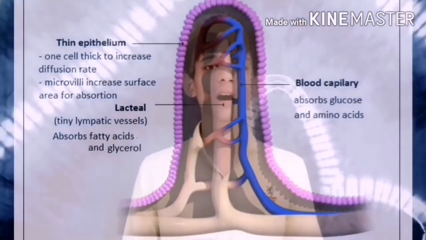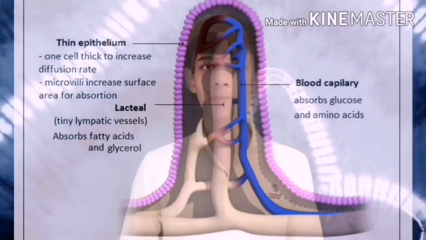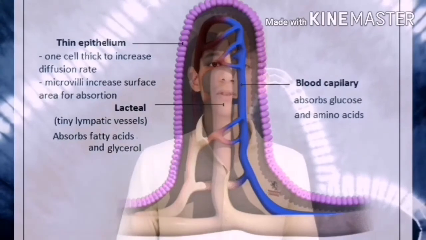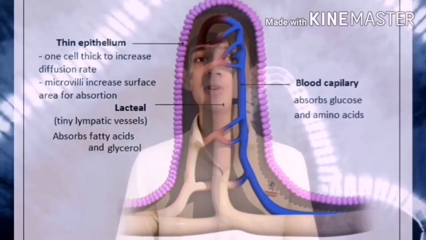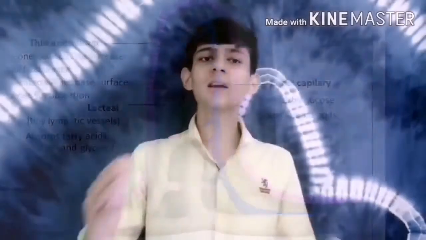They help in increasing the surface area for absorption. Very thin-walled capillaries are present on the surfaces of those villi, which acquire those nutrients through simple diffusion or osmosis, and they carry the nutrients throughout the body.